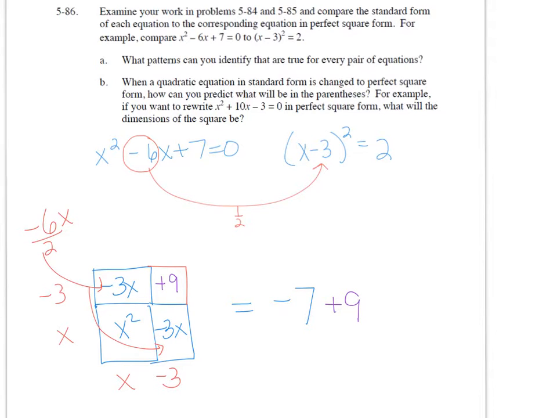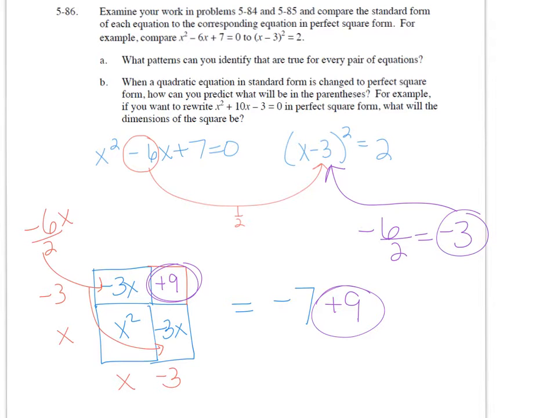So really what we're doing with that -6, we're taking half of that, getting that to be -3, and that's what goes right there. And then what we're adding to both sides of the equation is that -3 squared. So -3 squared ends up being what we add to both sides.